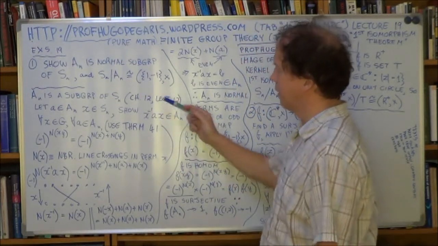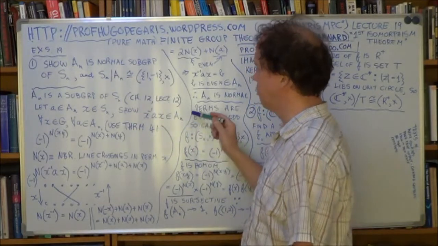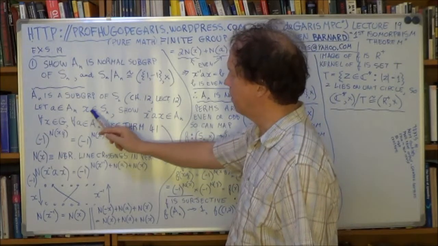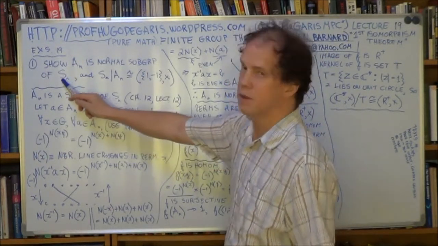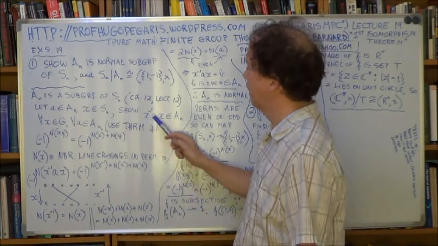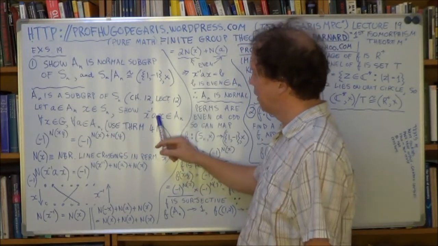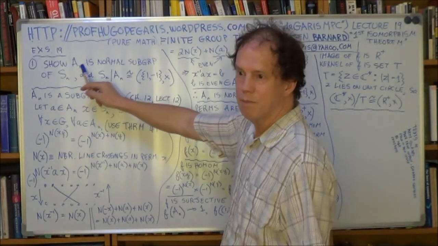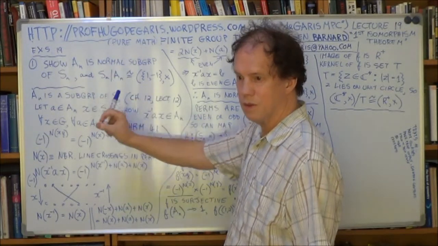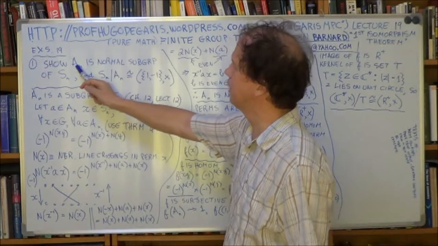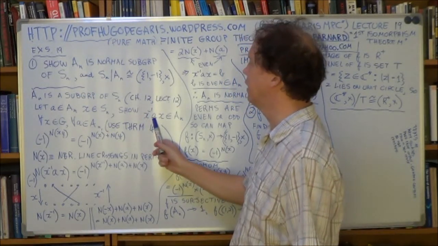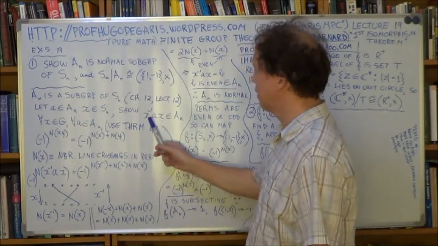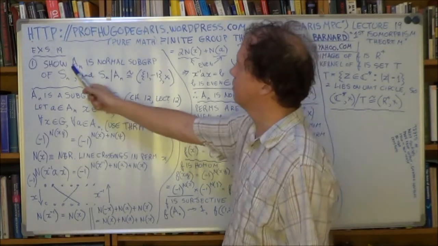To prove that a subgroup is normal, you remember you have to show that for any member of your starting group, in this case the symmetric group, call it x, and any element a belonging to the subgroup you're trying to show is normal, in this case the alternating group A_n, just any element of this group, x inverse a x belongs to the alternating group.